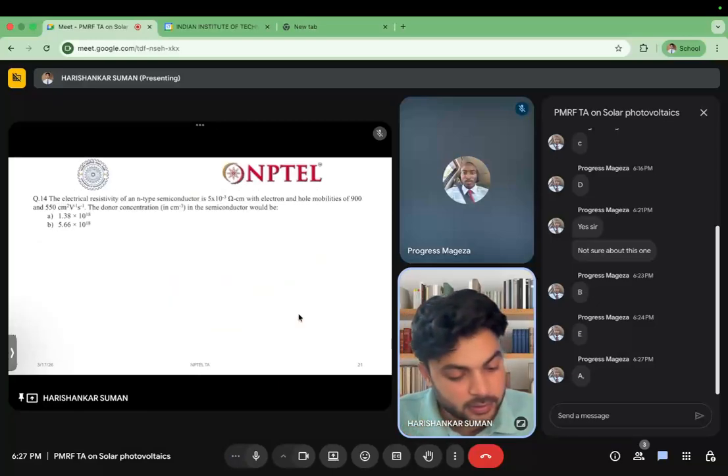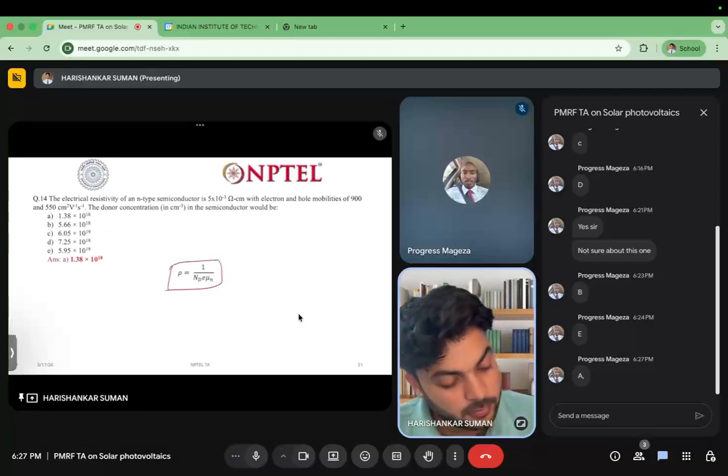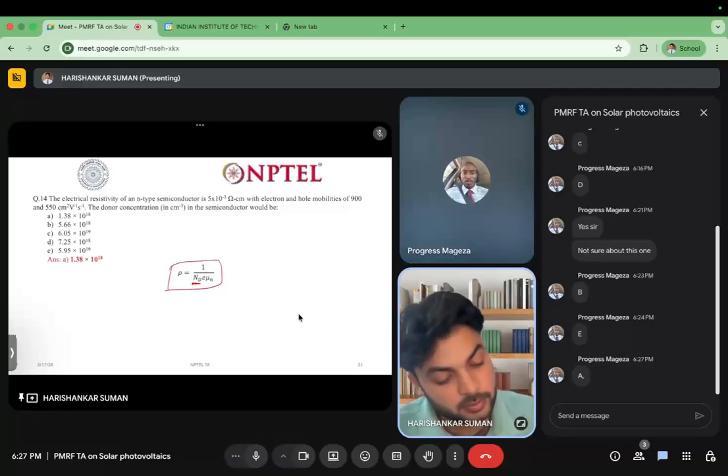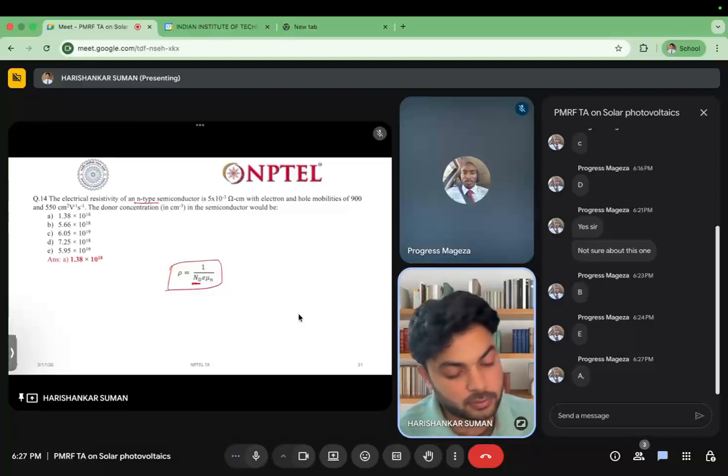Next, we have discussed the answer will be this, but at the same time we can replace intrinsic. If the question is not for intrinsic but for n-type, then Ni is just equivalent to the donor concentration because the donor concentration is too high.